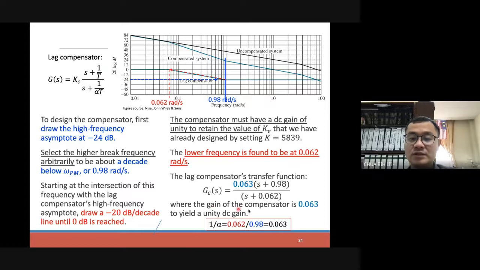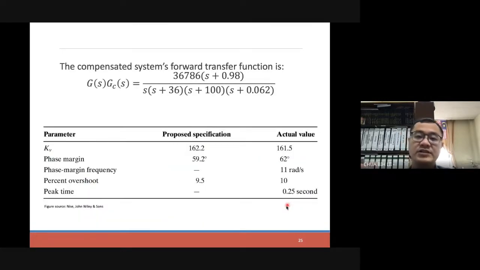So once you get those things, you're already able to identify all these lag compensator parameters. This is the lower frequency, 1 over alpha T, and from that you would get 1 over T, as well as other things. From that you can recheck again.